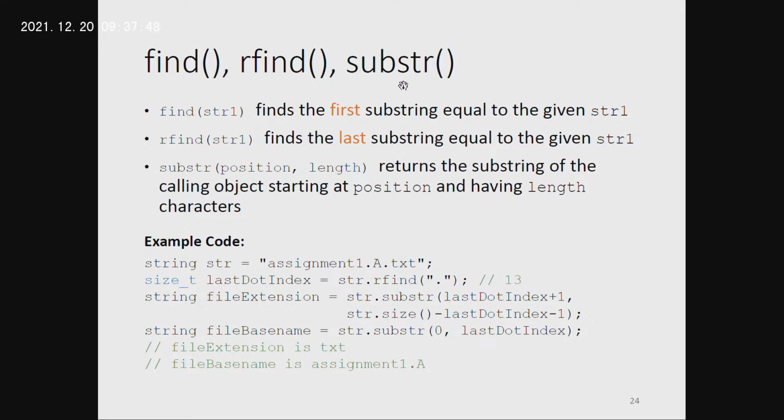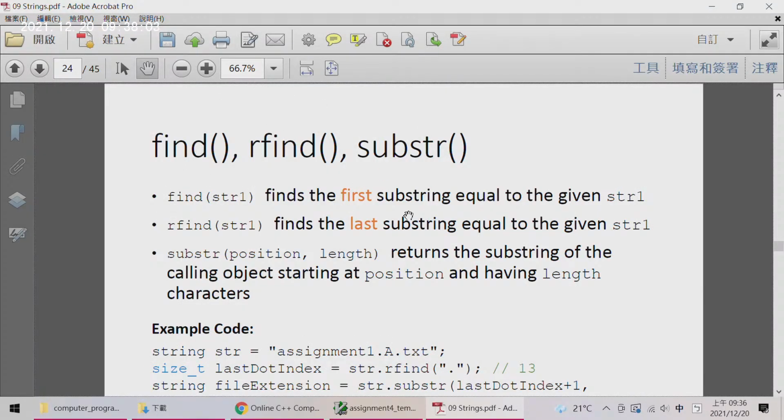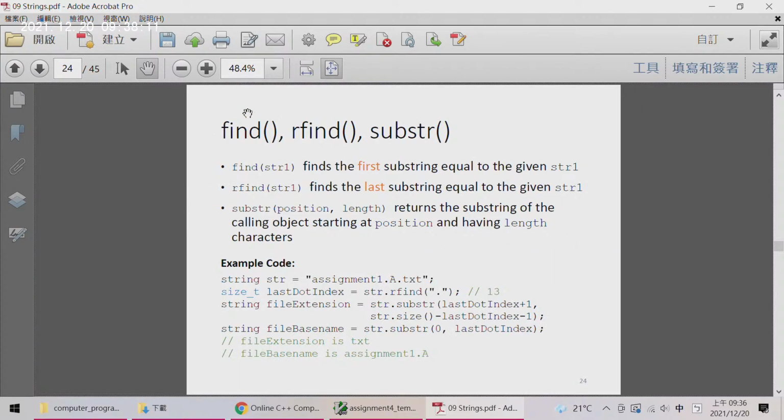And substr means to return the substring of a C++ string. We will not introduce the three functions due to time insufficiency. So if you are interested, you can take a look at how to use the three functions.